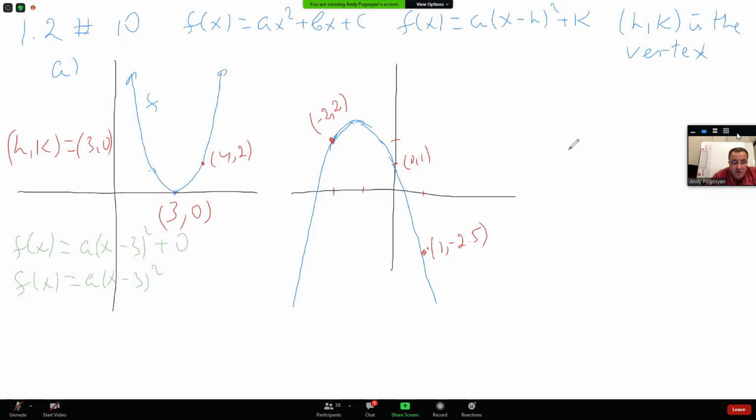Point 4, 2, right? f at 4 equals 2. So 2 equals a times 4 minus 3 squared. So 2 equals a. Now we can write f of x equals 2 times x minus 3 squared. That will be the equation for the first graph.